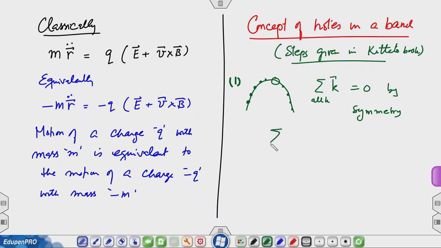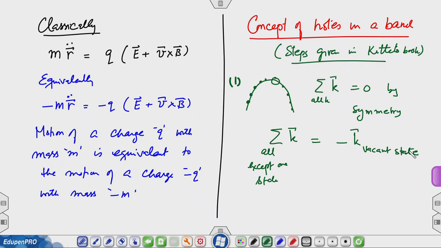And therefore, summation over k, all except one state, is going to be equal to minus k of vacant state. So, I can assign the k value to this collection of n minus 1 electrons, 1 electron missing, as minus the k of missing electron, or minus k of the vacant state.